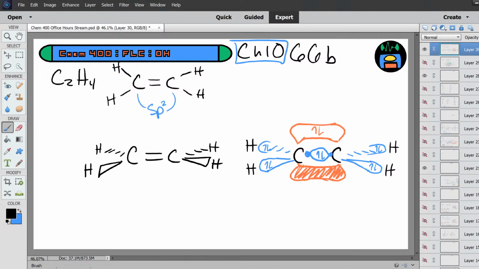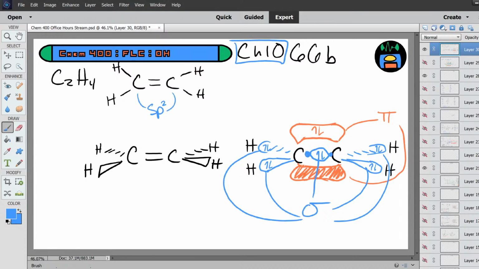All right, now let's label our bonds. We have the 2 lobes of our pi bond, and then we have our 5 sigmas. All right, so that is C2H4.